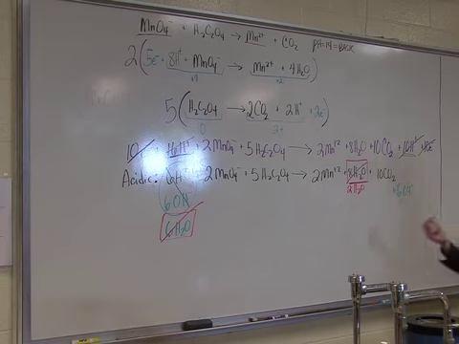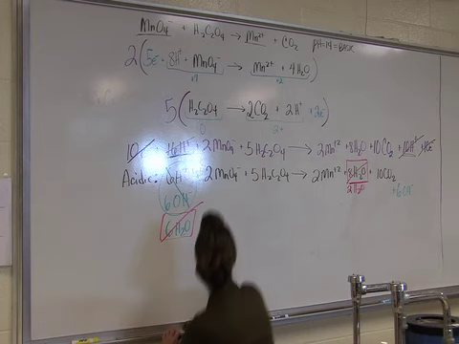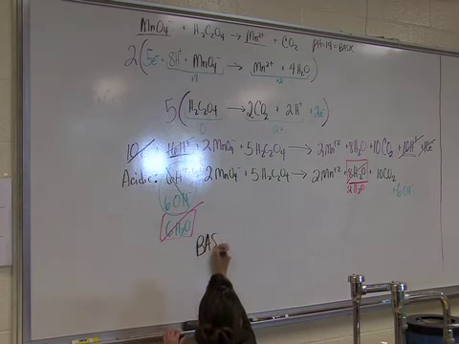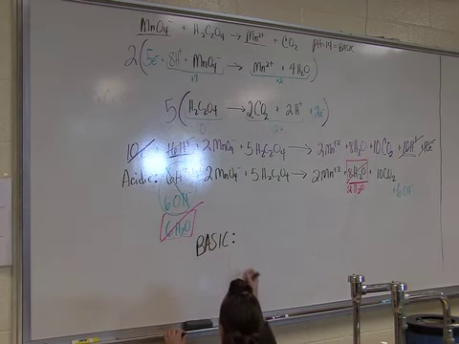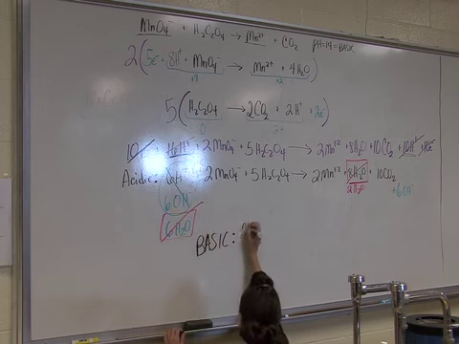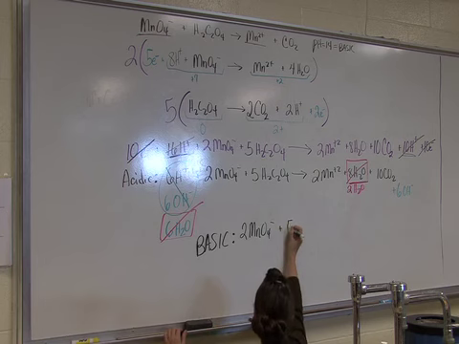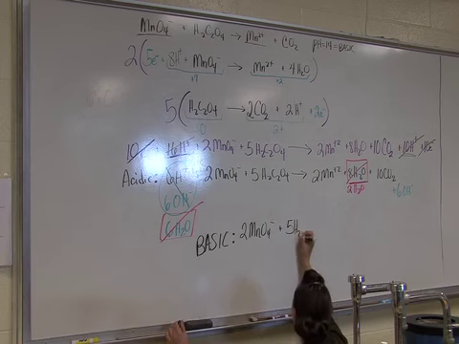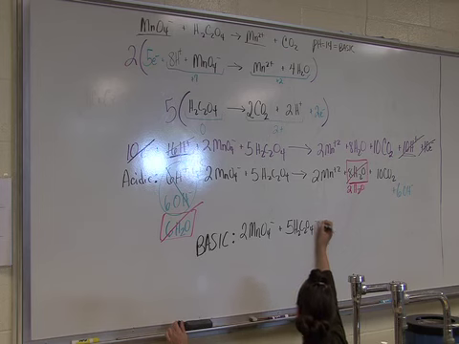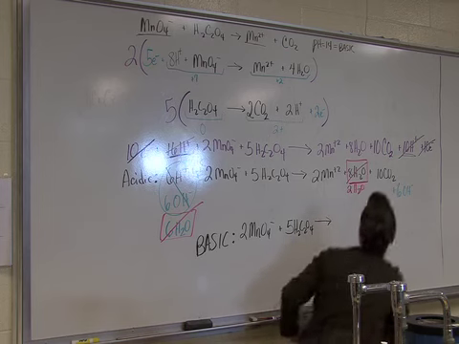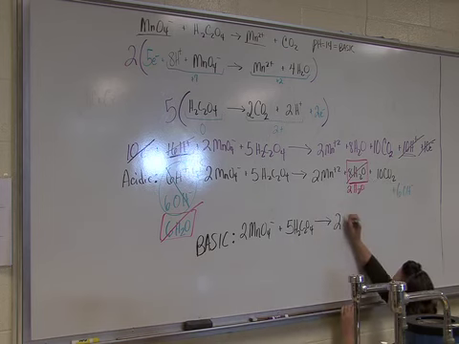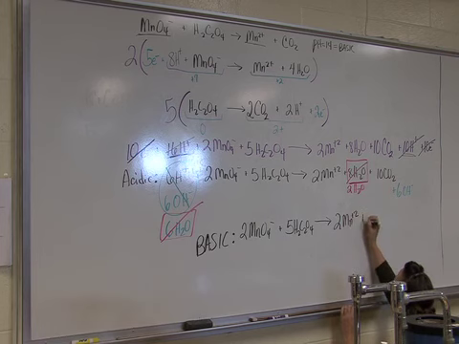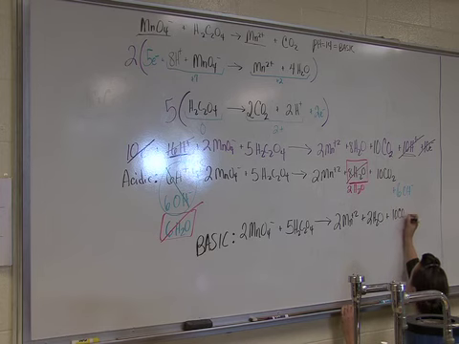So my final balanced equation in basic solution will be 2 MnO4 minus plus 5 H2C2O4 goes to 2 Mn plus 2 plus 2 H2O plus 10 CO2 plus 6 OH minus.